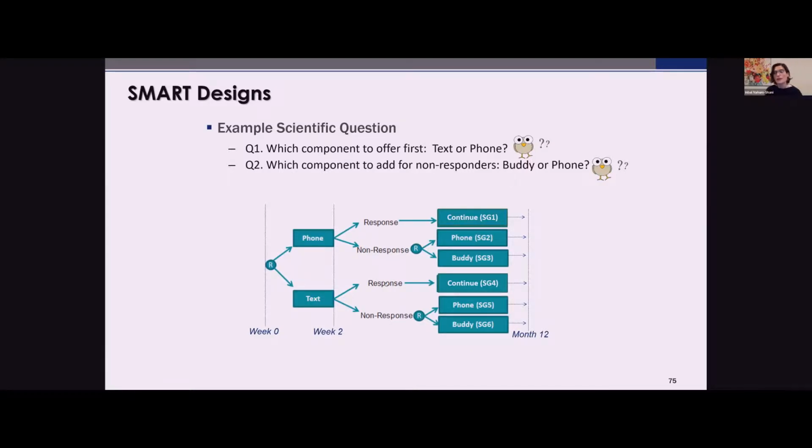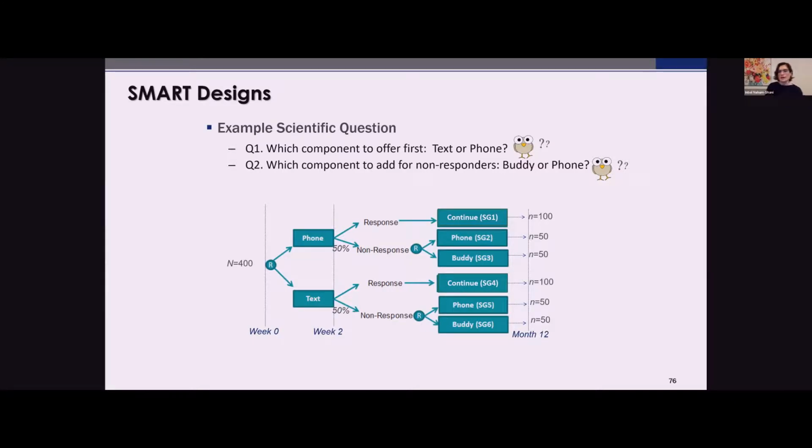We assume that if people are responding, they would do well by continuing with the same initial intervention. By the way, if we had scientific questions about how to address the needs of responders, we could have randomized responders as well, right? But we didn't. I'm doing this because I want you to see that the randomizations are not there to make the design complicated. They're there to help us answer specific scientific questions.